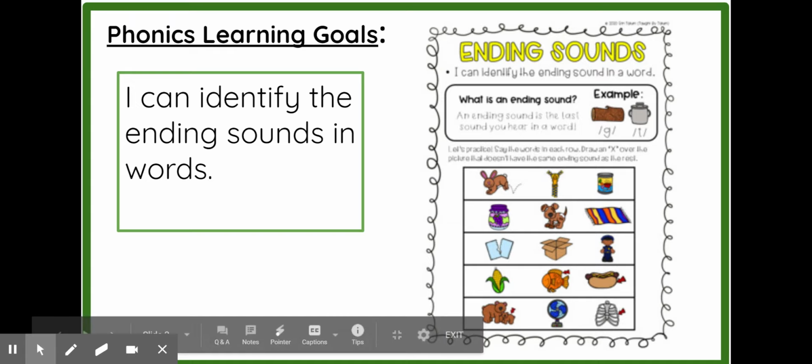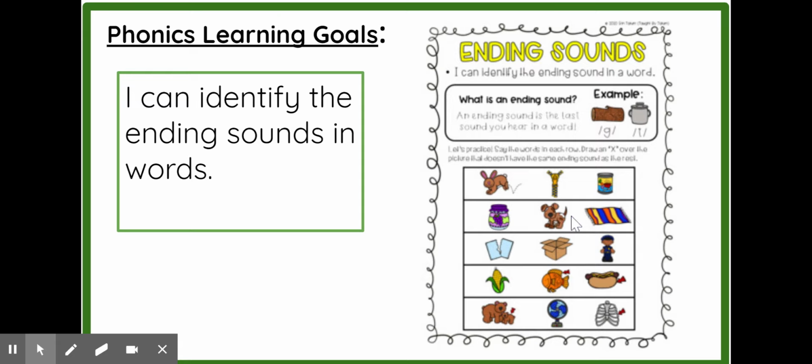Here we have jam, dog, and rug. Say them with me. Jam, dog, rug.